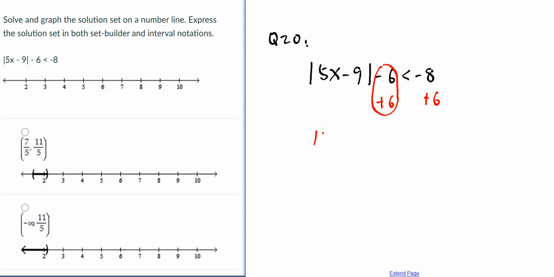So you then have 5x minus 9, the absolute value. You know absolute value is positive, right? This guy with absolute value is positive. Now, look at the right-hand side. You have negative 8 plus 6, which is negative 2.